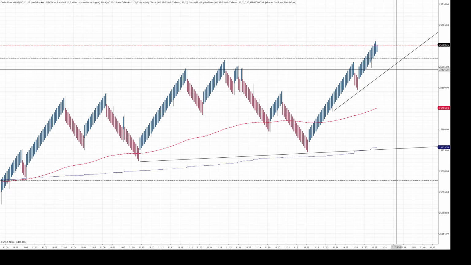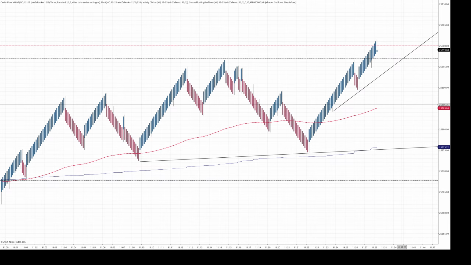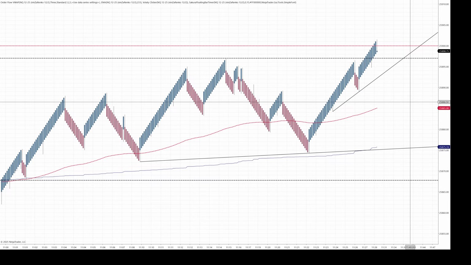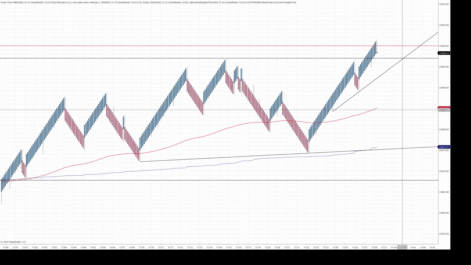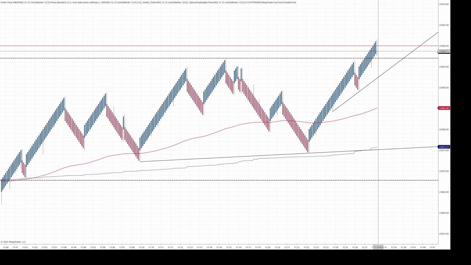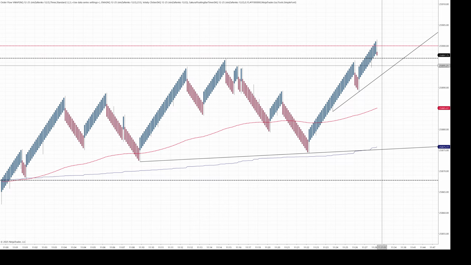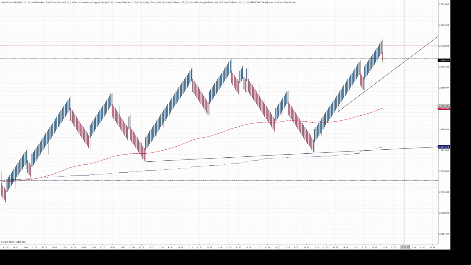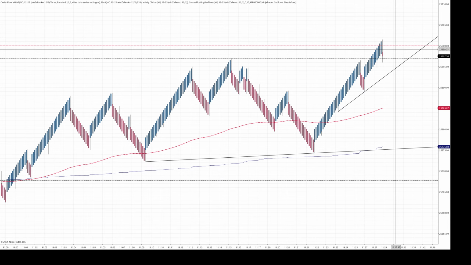Okay, we got the move above 900. Looking for that pullback right there, and then looking for a continuation up.